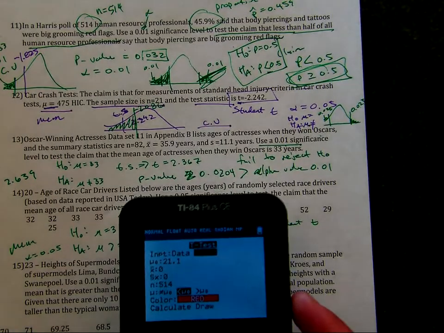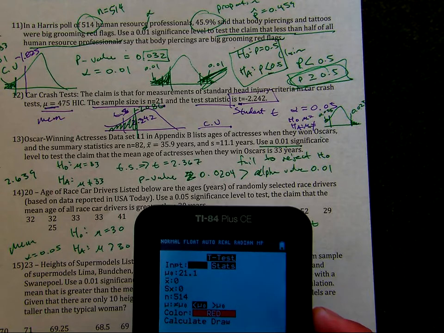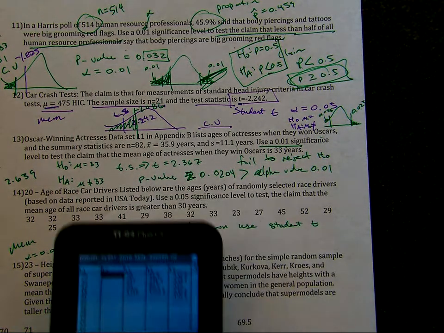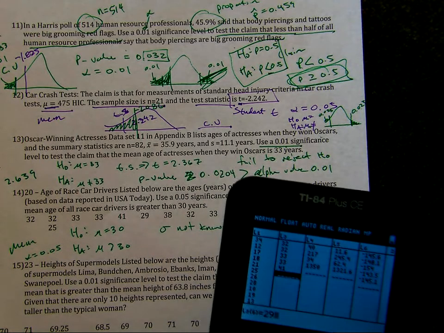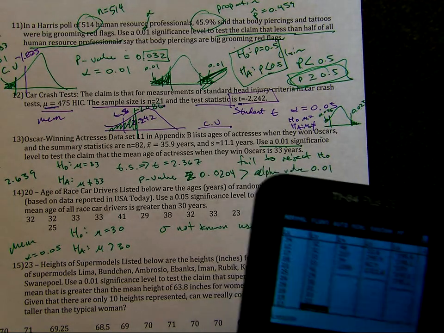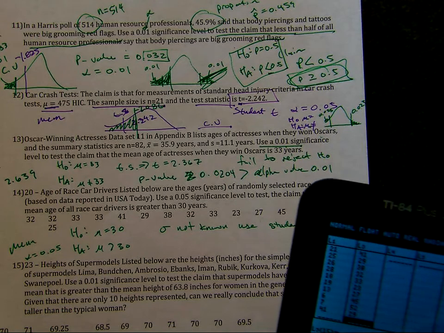So stat, edit, put it in list 3. We have 32, 32, 33, 33. Yep, all right, so we have all that in there.